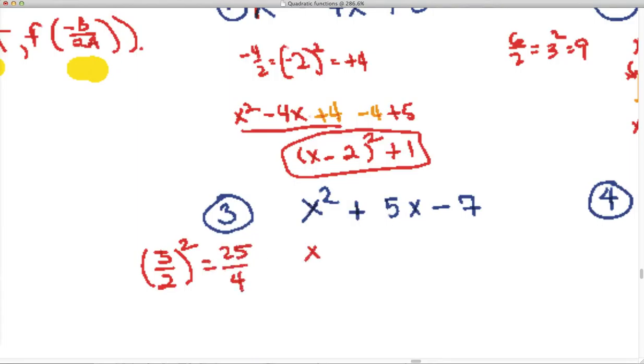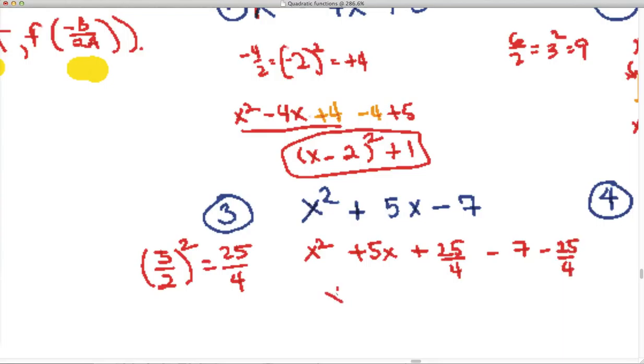So we would write x squared plus 5x and then minus 7, and then since it's on the same side, we do the opposite.